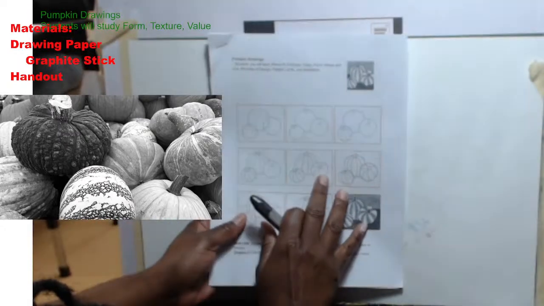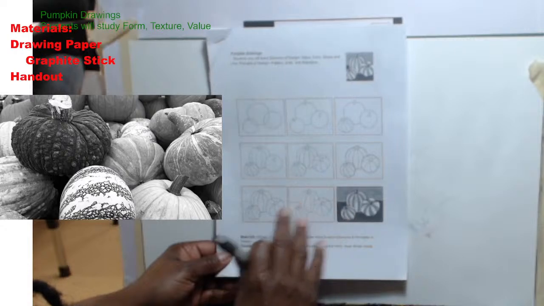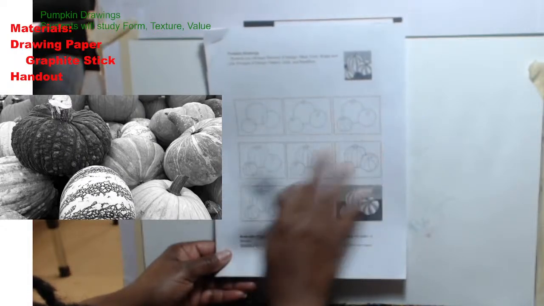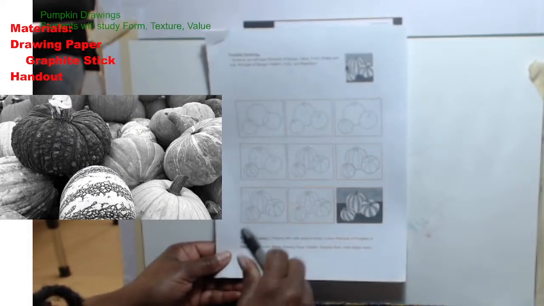Let's do this. Let's do the first part here. We're going to do all the steps, steps 1, 2, 3, 4, 5, 6. Okay, that's 9 steps.